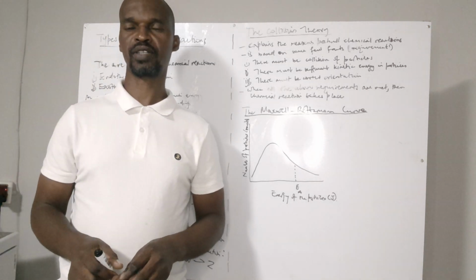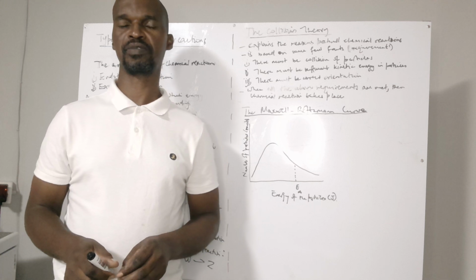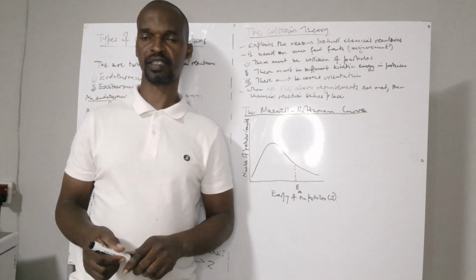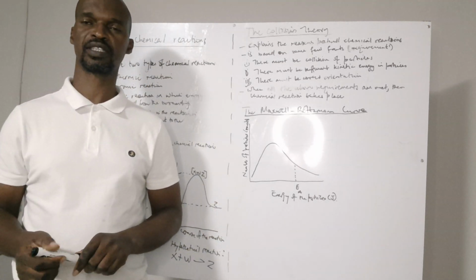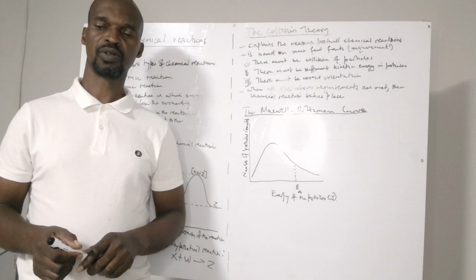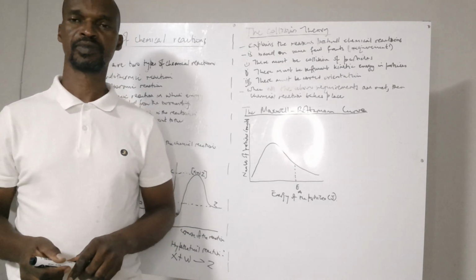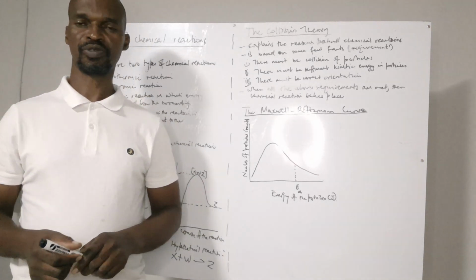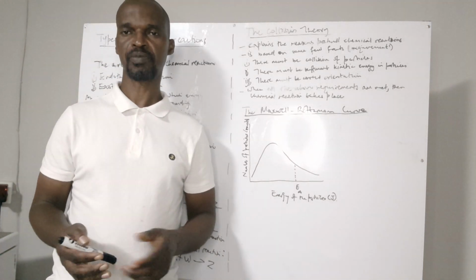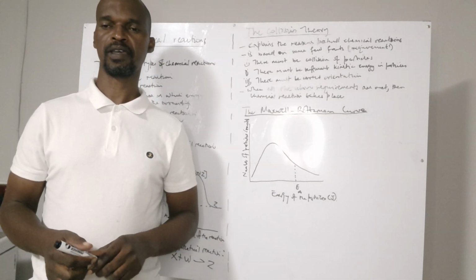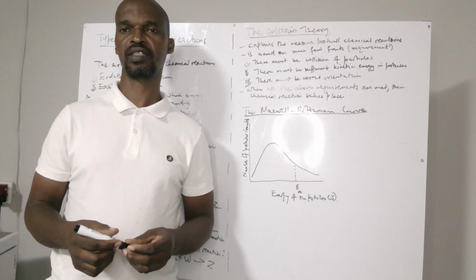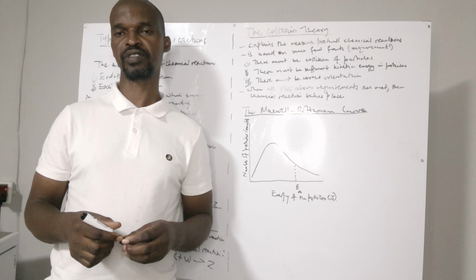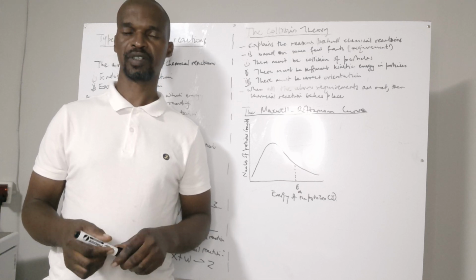But before we go to those chemical reactions, we'll have to start from the basic concepts, the understanding that one would have to have before one can attempt to master the rates of chemical reactions. So to start off with, we'll look at the types of chemical reactions and try to look at the graphs that give us a better idea of how energy is involved in the chemical reactions.